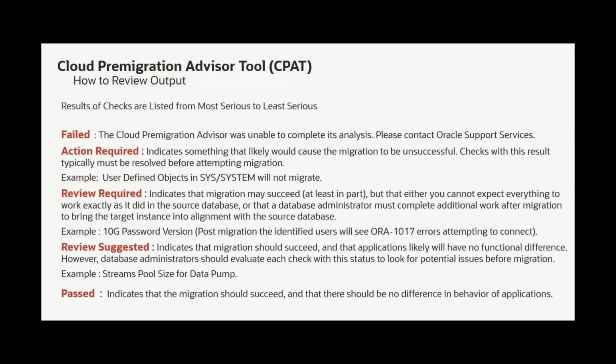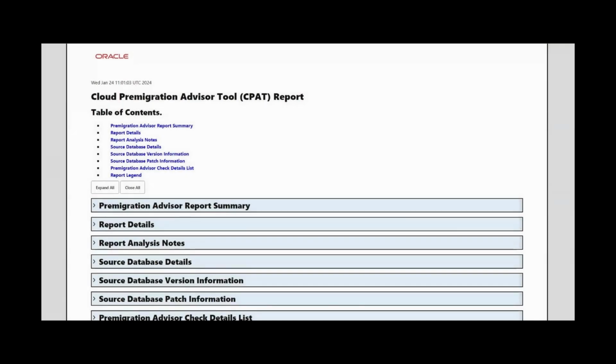Now let us get into an actual report and see how it looks. This is the report we generated in part 2 using the independent Java command line CPAT tool. As you can see, the report has multiple sections. We will go through them one by one. Let us see the summary section.